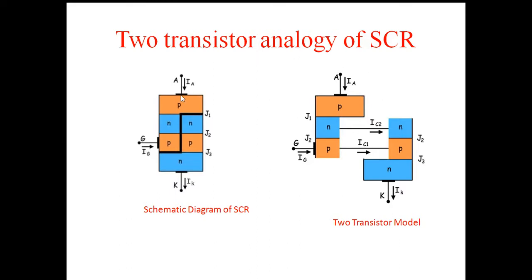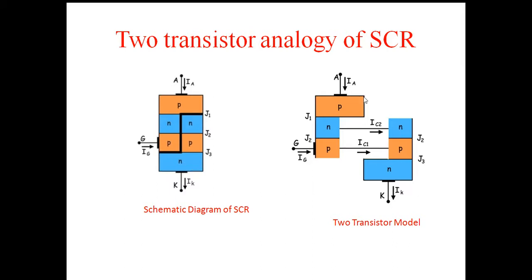Normally SCR is a PNPN 4 layer device. If we bisect the inner two layers, this N region and P region, then it forms two transistors: PNP, one transistor, and NPN, another transistor.